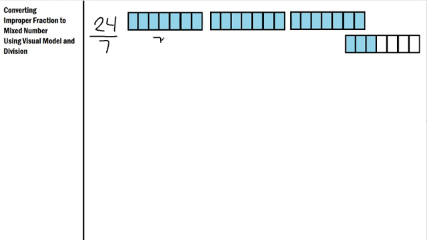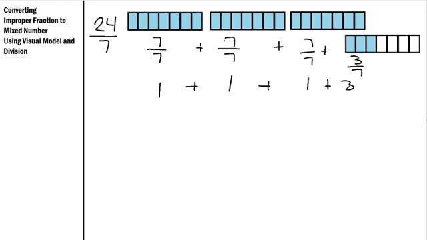This is 7 sevenths plus 7 sevenths plus 7 sevenths plus, over here we had 3 sevenths. 7 sevenths is the same as 1 whole thing, so we could also write this as 1 plus 1 plus 1 plus 3 sevenths, and our answer is 3 and 3 sevenths.